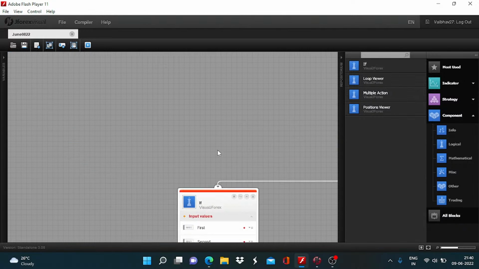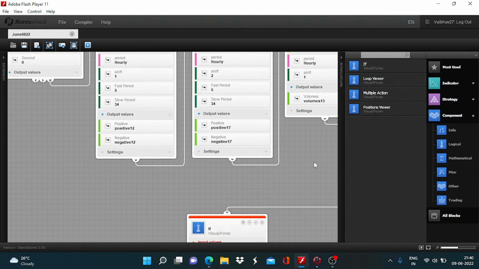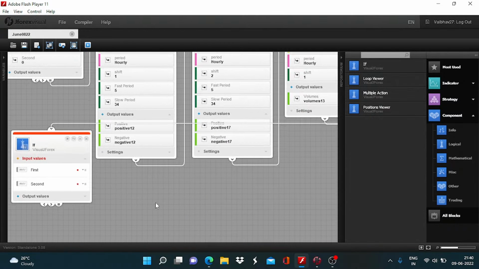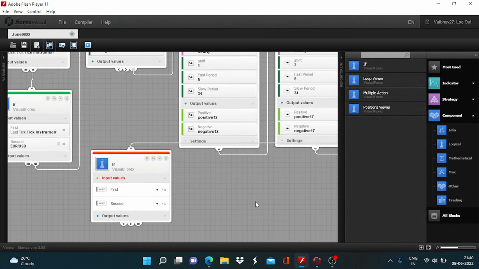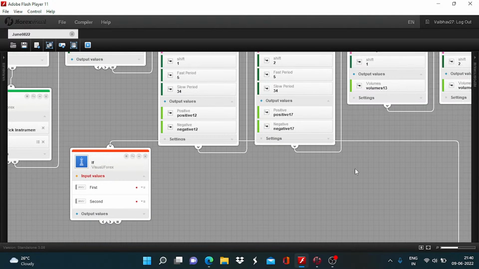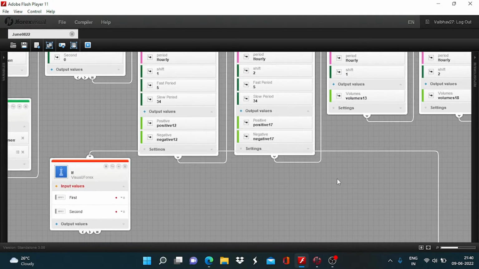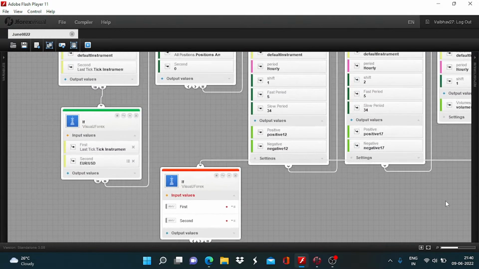Now coming to defining of the conditions. We want the output of last 2 hours AC indicators to be on the positive side.